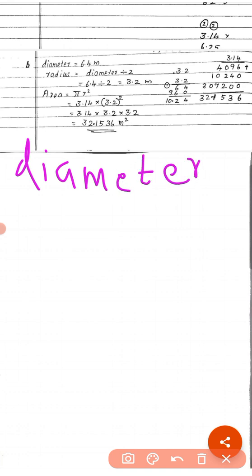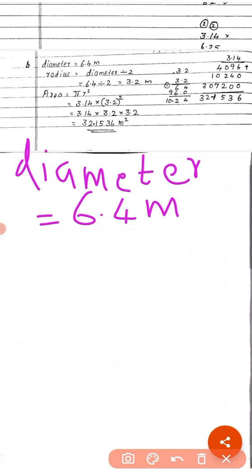Now our next question is, the diameter of a circle is given. Diameter is equal to 6.4 meter. First we have to find the radius. As you already learned, radius is half of a diameter.